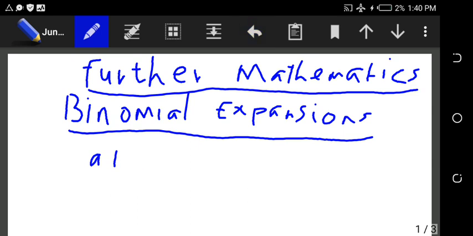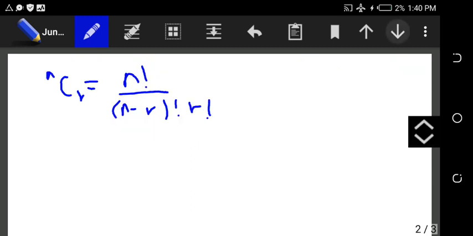All right. Now we want to go into this, but before we even start, we want to run a refresher on the concept of combinations. Remember that we have studied combinations, and your combination is something like this.